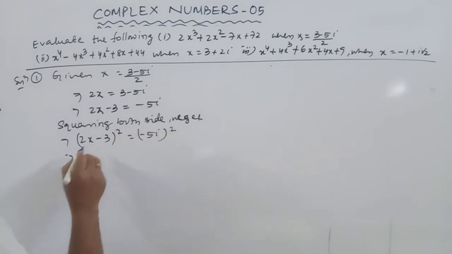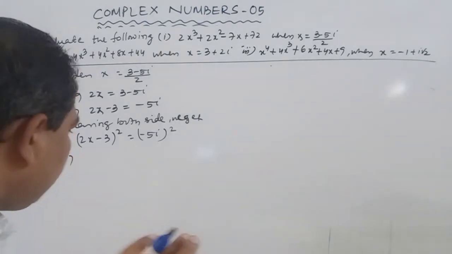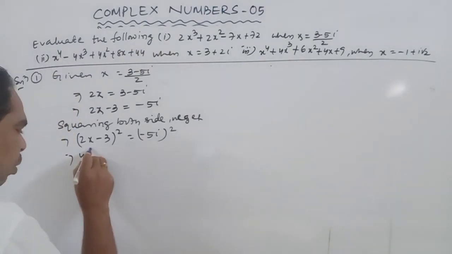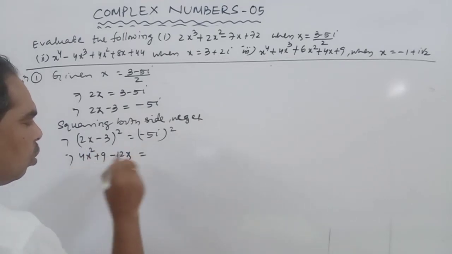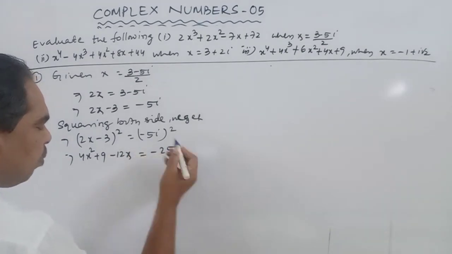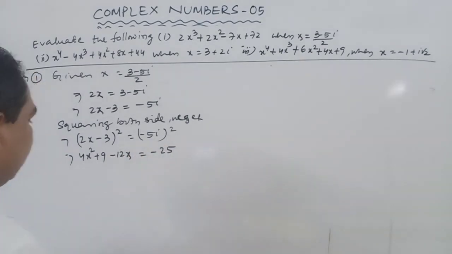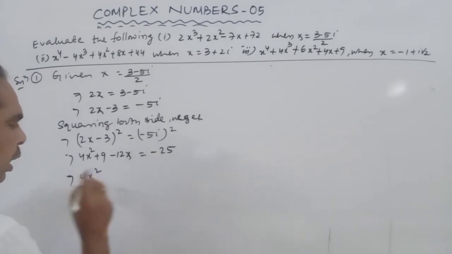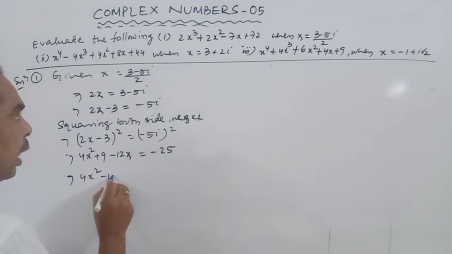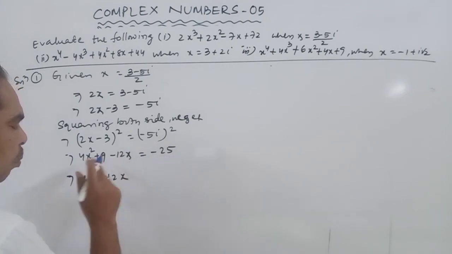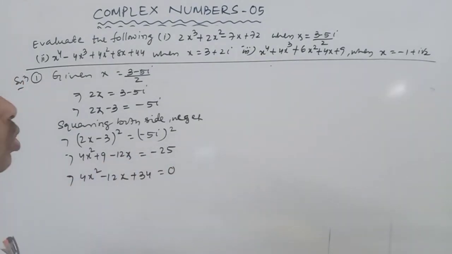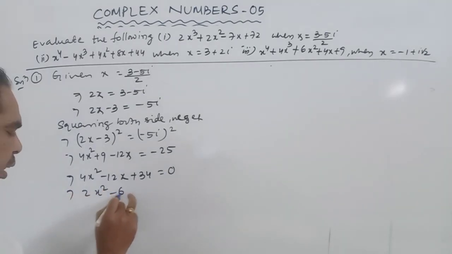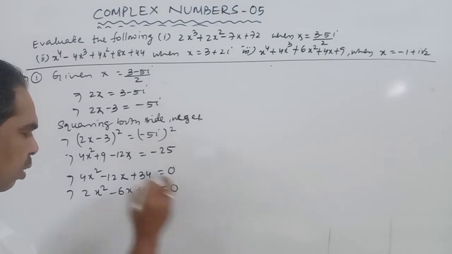So this implies 4x square plus 9 minus 12x is equal to minus 25. So, bringing one side, 4x square minus 12x plus 34 is equal to 0.